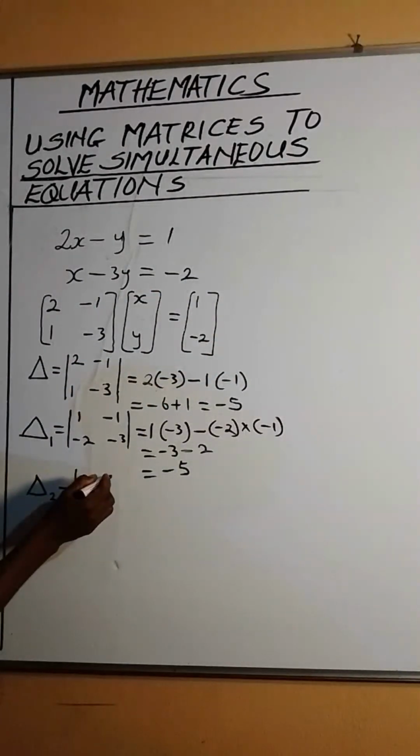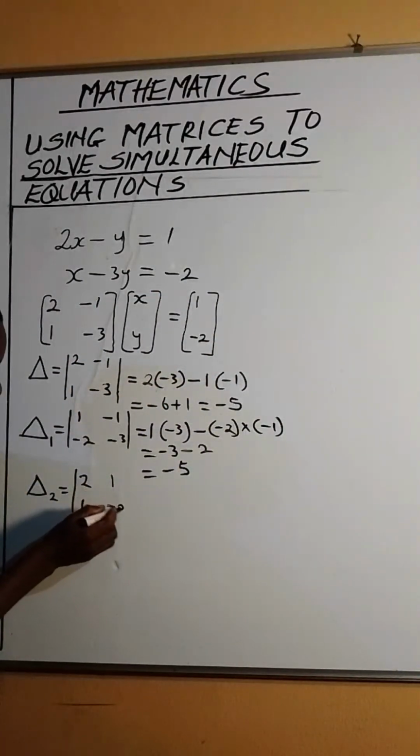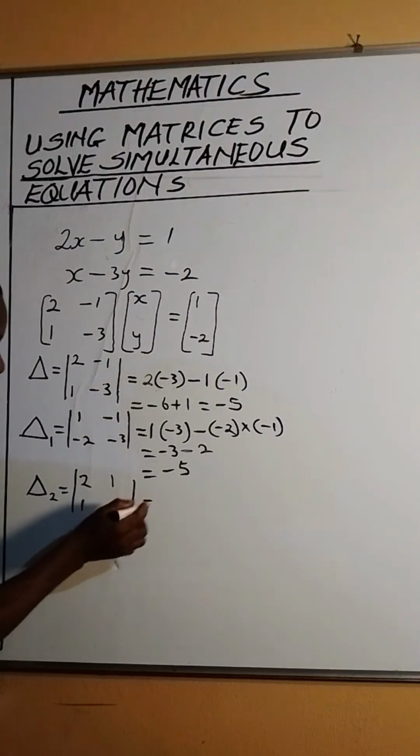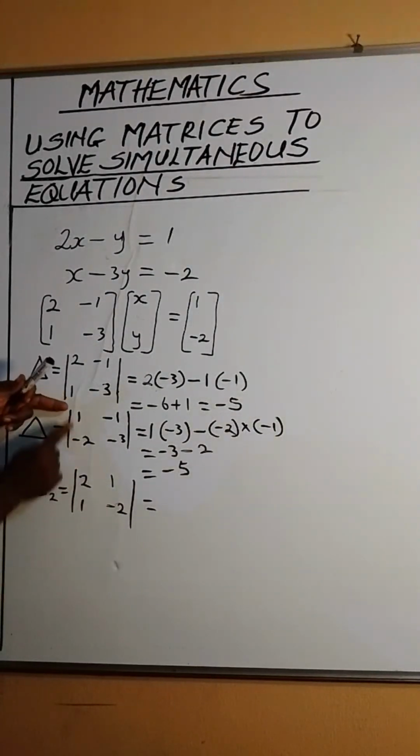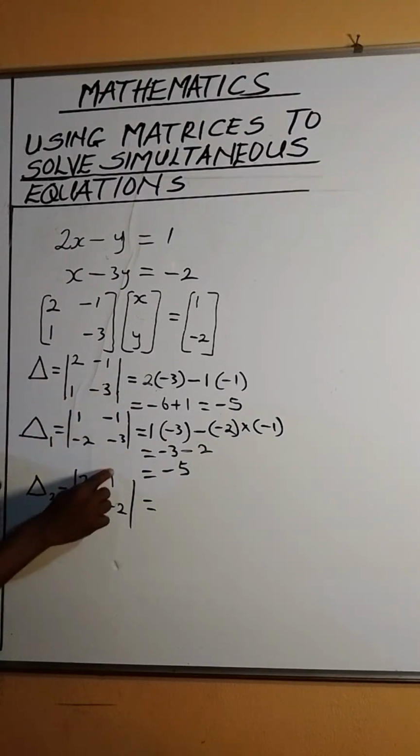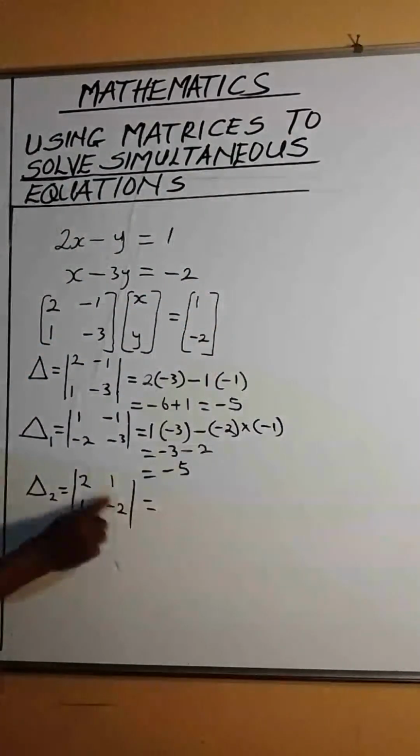So here is now going to be 1 and minus 2. So this is how we are doing it for determinant 2. For determinant 1, you remember this 1 and minus 2 are here. But for determinant 2, this constant will be in the second column.